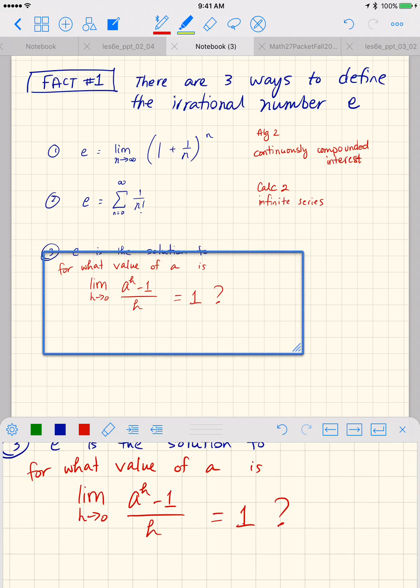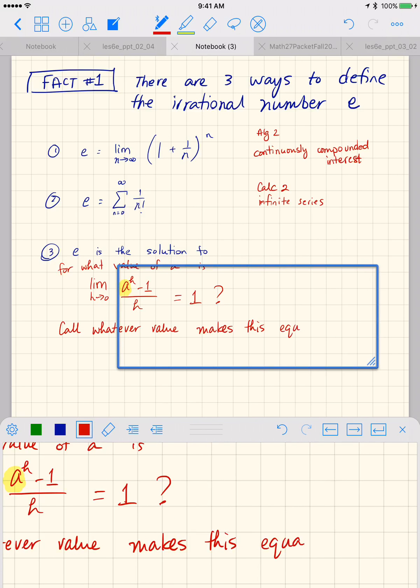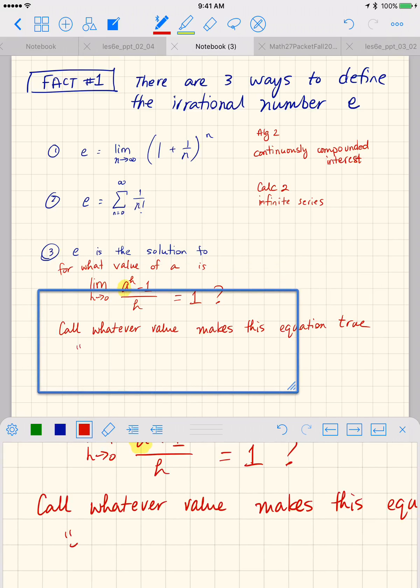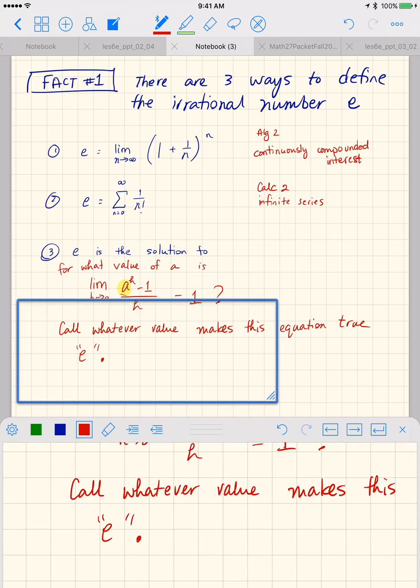So if that's the question, for what value of a, the answer is, call whatever value makes this equation true, call it e. Call that number e. So whatever is the special value where this limit is equal to 1, just let that be called the number e.